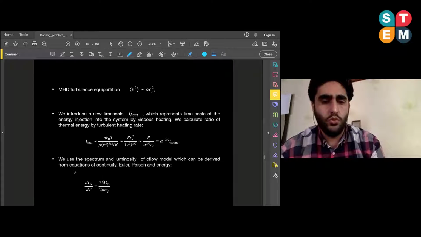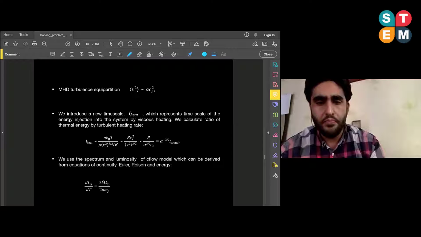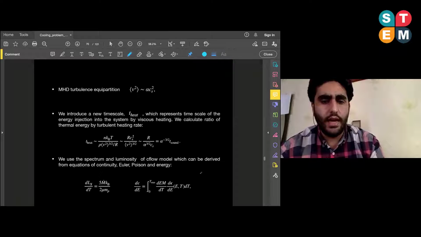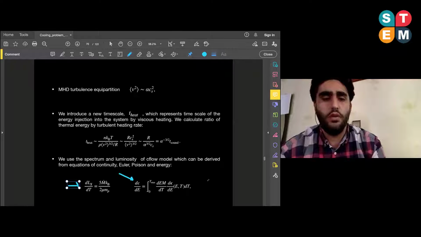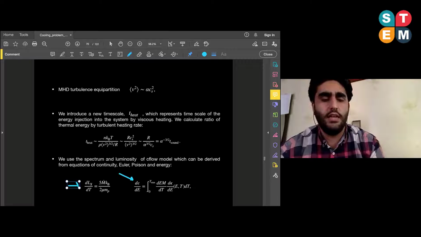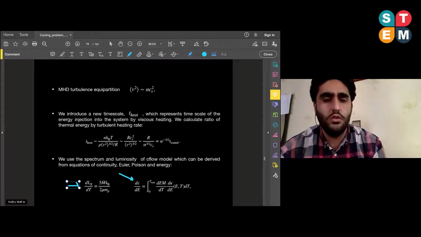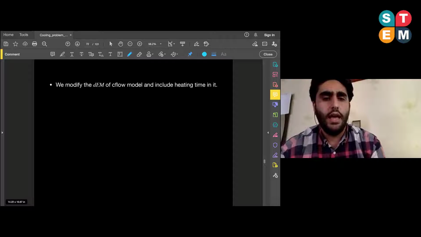And what we do is that we use the luminosity and spectrum of the cooling flow model, and we modify it with our model. This is a luminosity, this is a spectrum of the isobaric cooling flow model, which can be derived from Euler, continuity and Poisson equations.